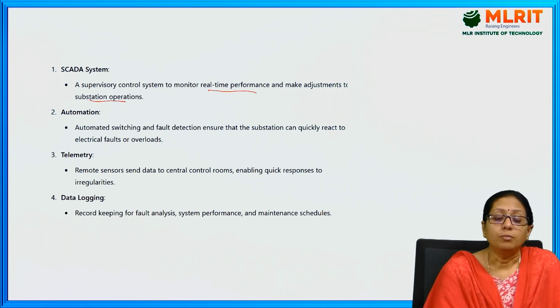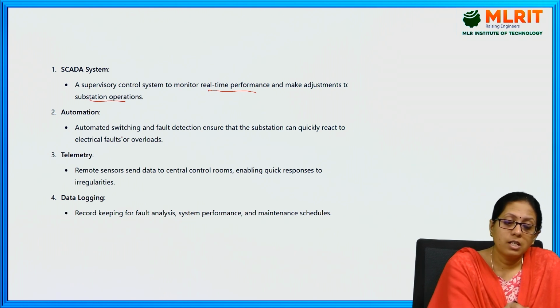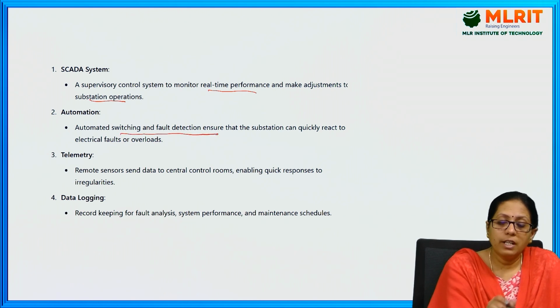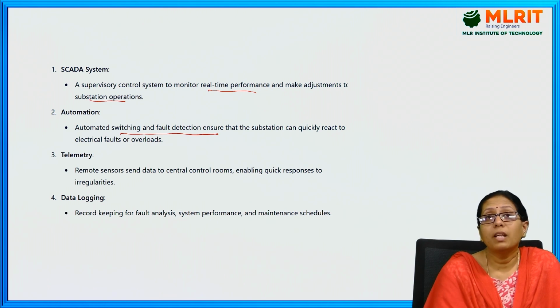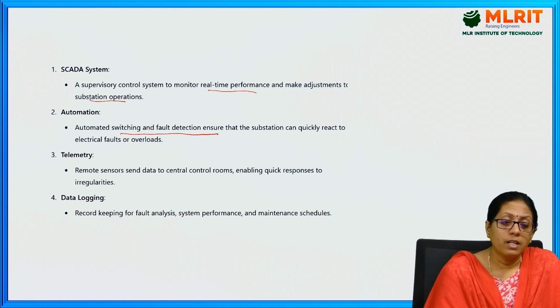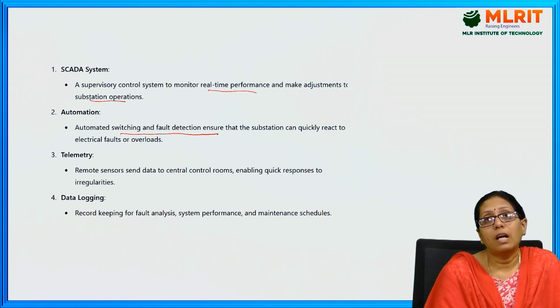The second one is automation. Automatic switching and fault detection should be done. Switching means whenever any kind of fault occurs for a longer period of time, the circuit breaker should open the circuit in order to protect the remaining devices.